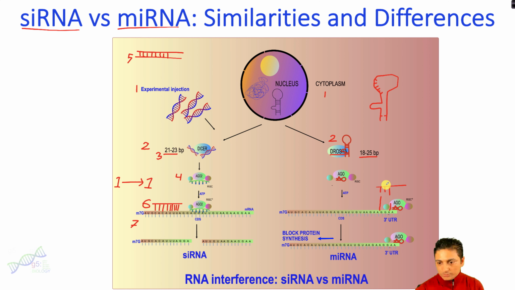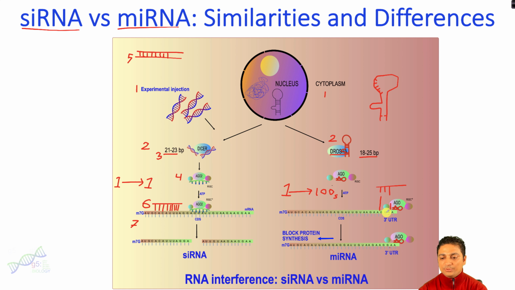However, due to incomplete base pairing, one miRNA molecule can target hundreds of mRNAs. How can it do this? When there is an imperfect pairing, it can pair to multiple mRNA regions, and that is going to be in the 3' UTR region.